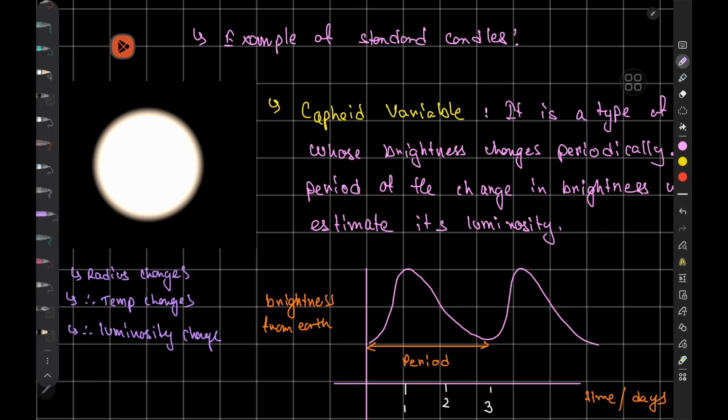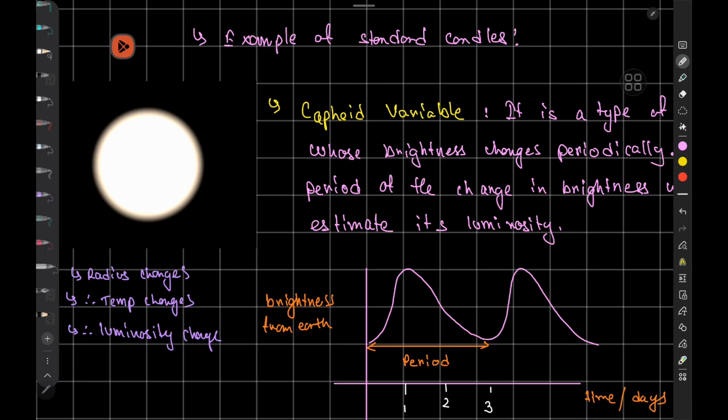But the main conversation of a Cepheid variable and why we're talking about this is it is pulsating. It is pulsing. It is going through a periodic motion. What kind of a periodic motion?